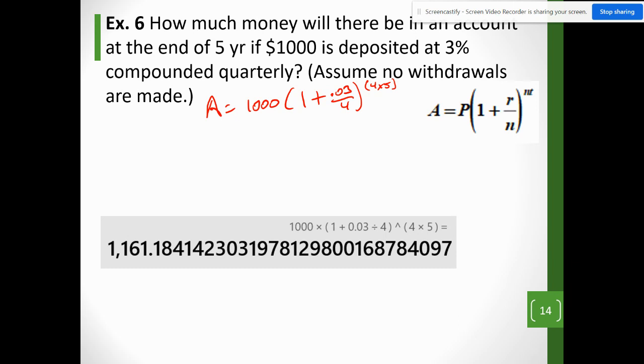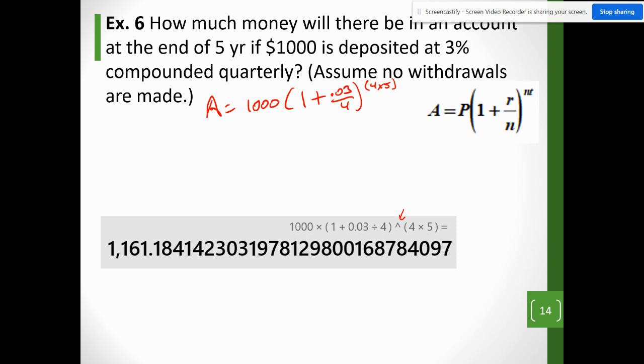Now notice how I typed all this on a calculator. I literally went 1,000 times, inside parentheses I did 1 plus 0.03 divided by 4, close parentheses. And then I used the little caret, the little arrow thing, we call that caret, to do an exponent. But make sure on the top, 4 times 5, you also put it inside parentheses.